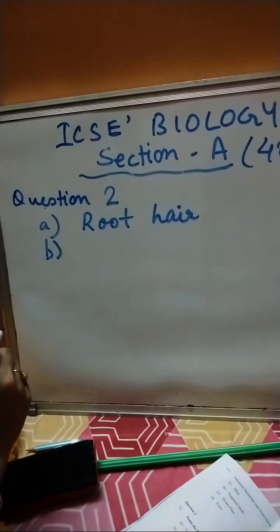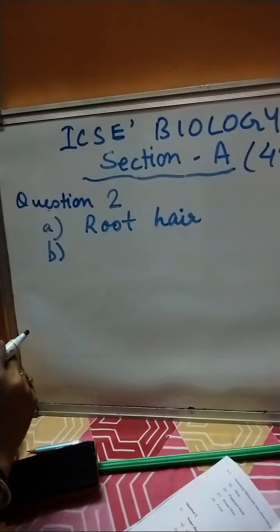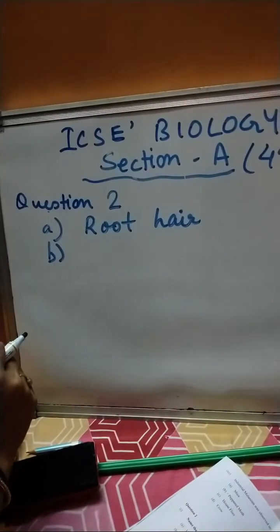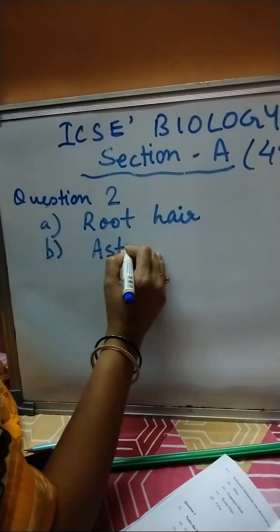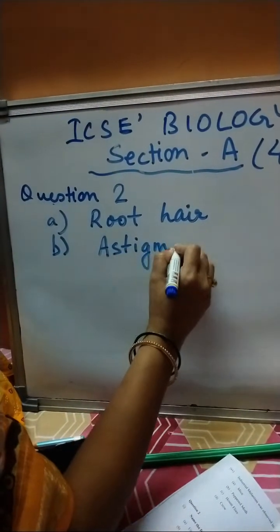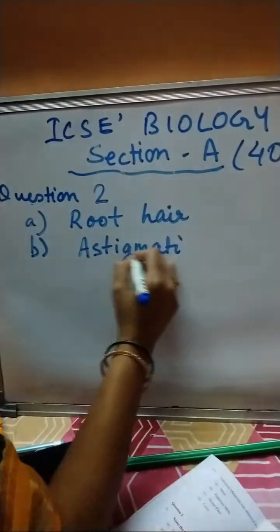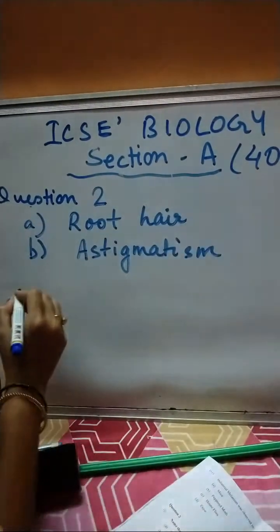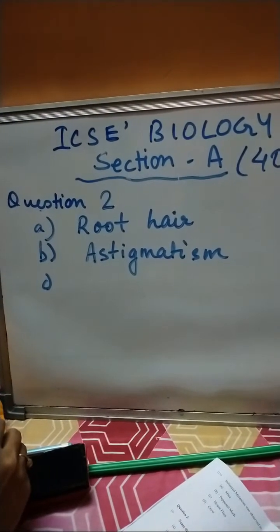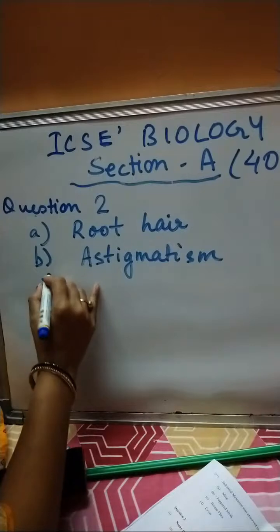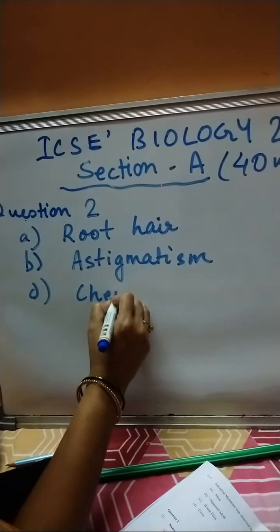Second one, a defect in our eyes in which some parts of the object are in focus while the other parts are blurred. That is, image is blurred. The answer is astigmatism. C. The tropic movement of the plant parts in response to chemical. It is chemotropism.